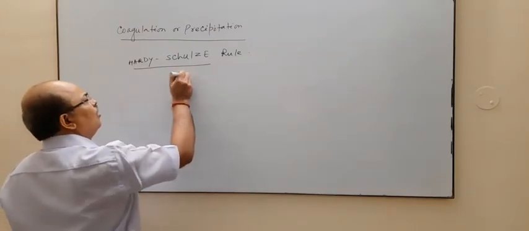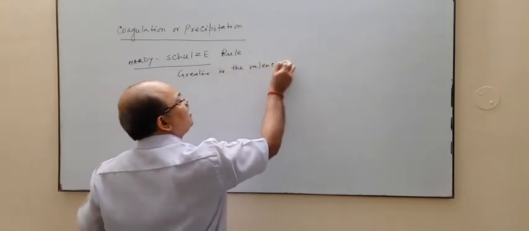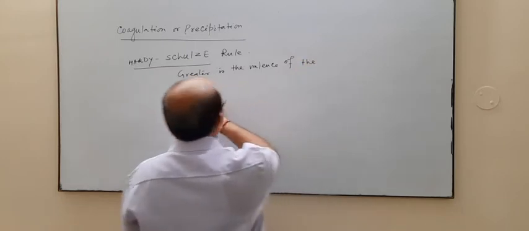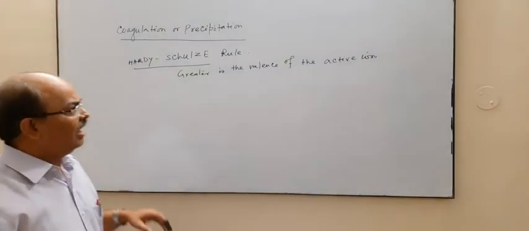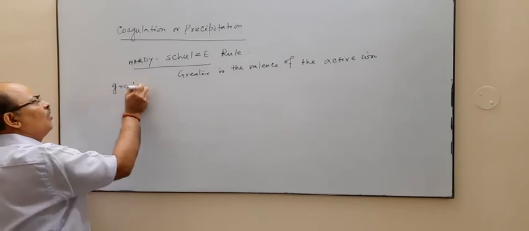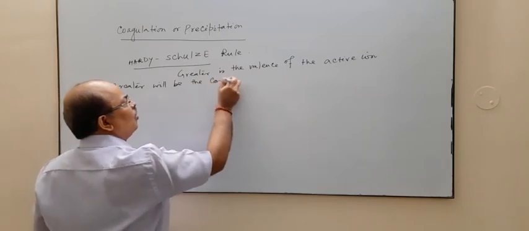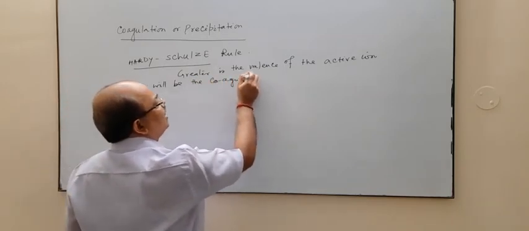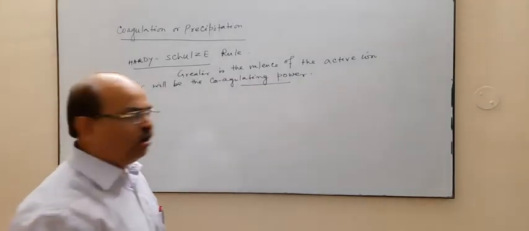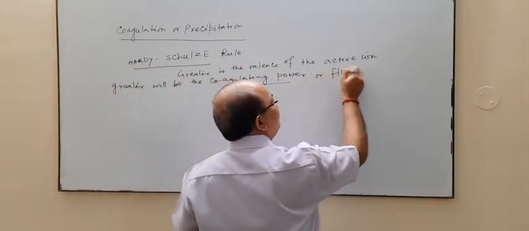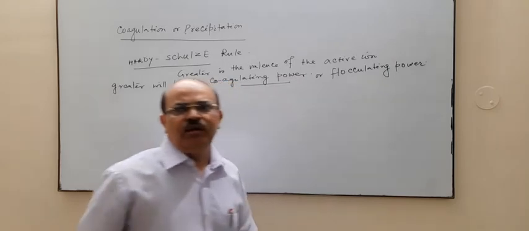According to this rule, greater is the valence of the active ion, greater will be the coagulating power.